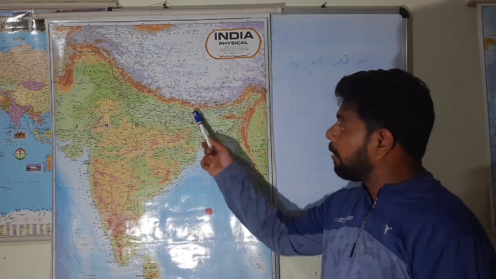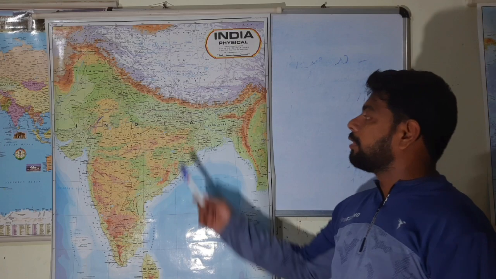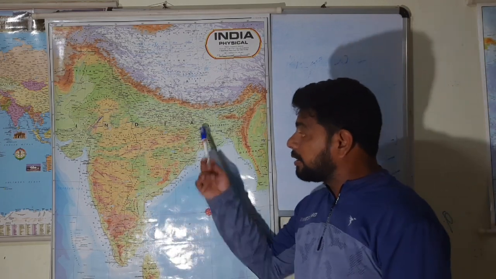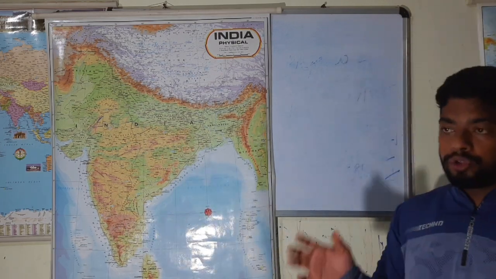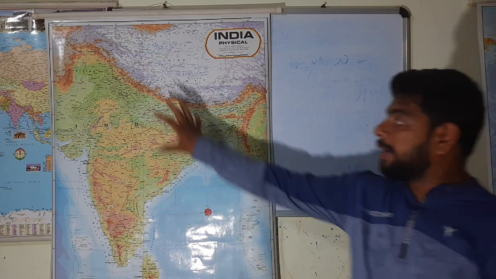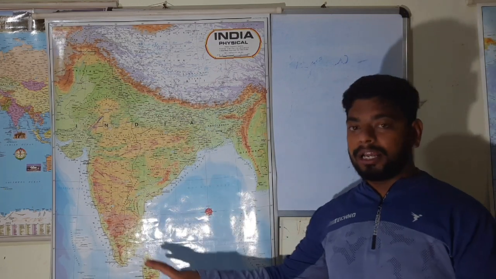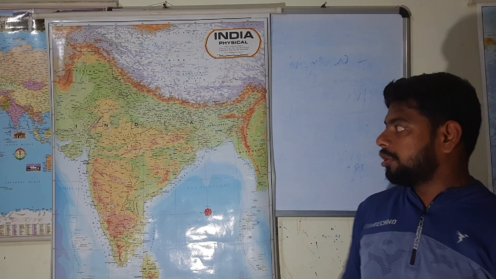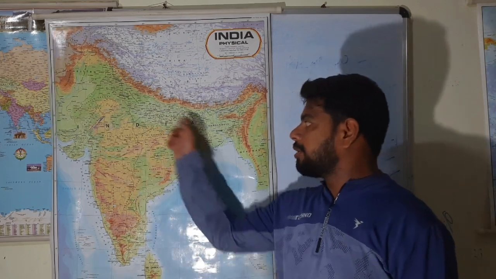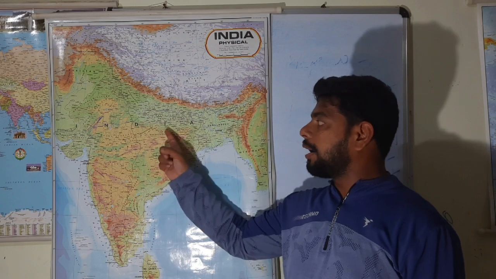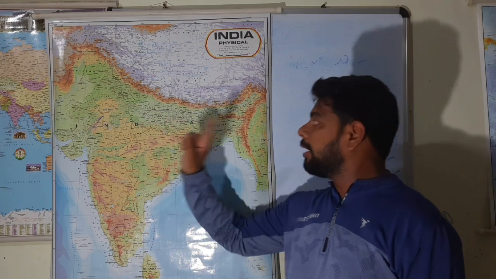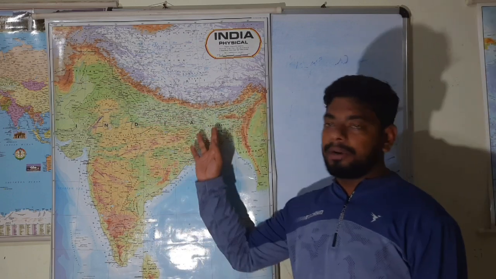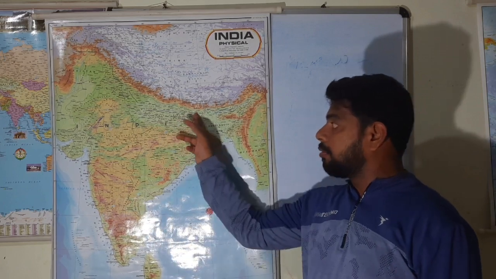Within Chota Nagpur plateau, the Ranchi plateau, Odisha's plateau and Hazaribagh plateau are there. So, clear guys, the peninsular plateaus may be broadly classified into three categories. The first one is the Central Highland, and within it the Malwa plateau, Baghelkhand, Bundelkhand, and the Hazaribagh and Ranchi plateaus, or so-called Chota Nagpur plateau.